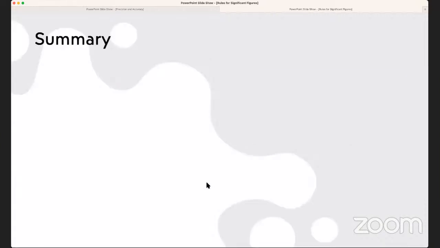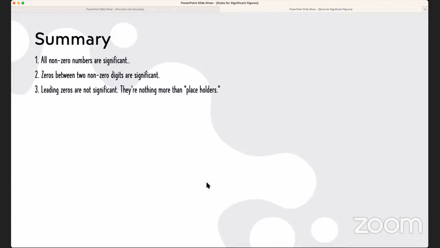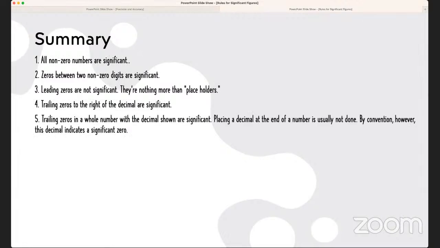So here are the rules summarized. All non-zero digits are significant. Zeros that are sandwiched between two non-zero digits are significant. Leading zeros are not significant, they're just placeholders. Trailing zeros to the right of a decimal are significant.